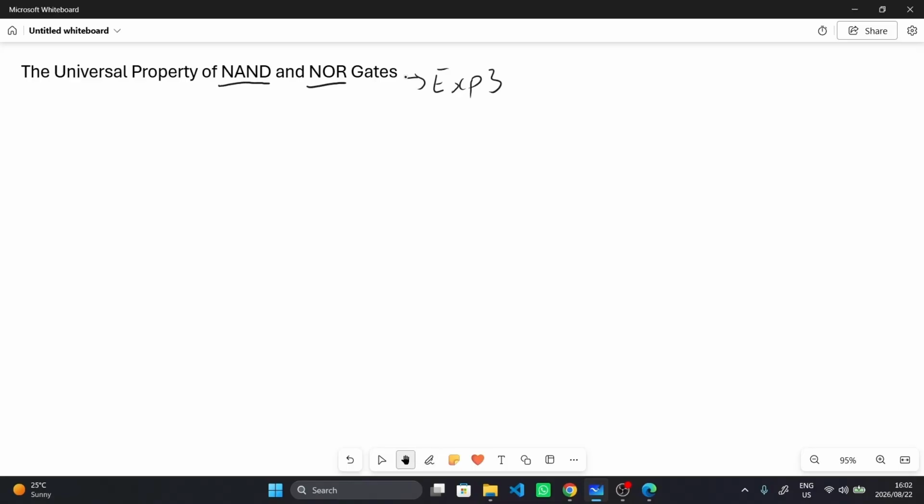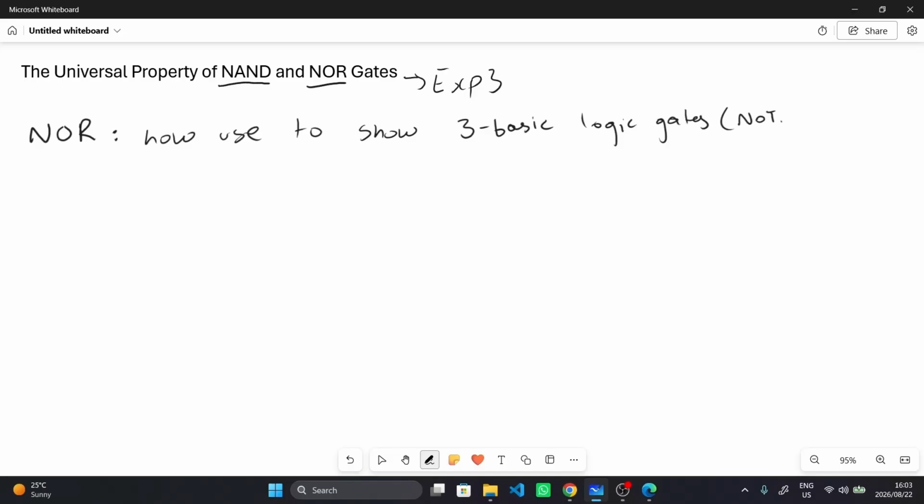So let's start. I will start with the NOR gate first. The question is, we have a NOR gate, and how can we use this to show the basic logic gates, which are NOT, OR, and AND?